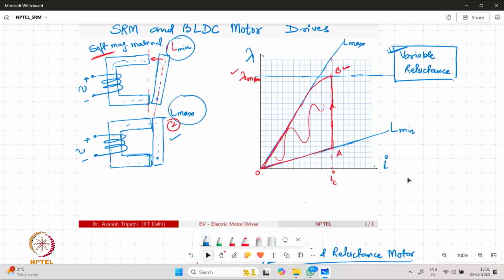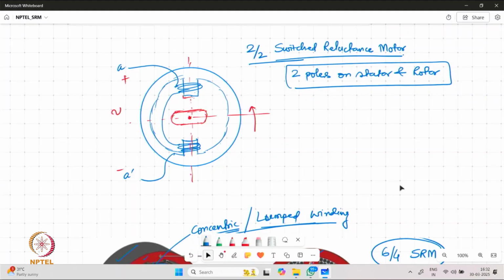We have a position which is completely unaligned, and we have the second position which is completely aligned.